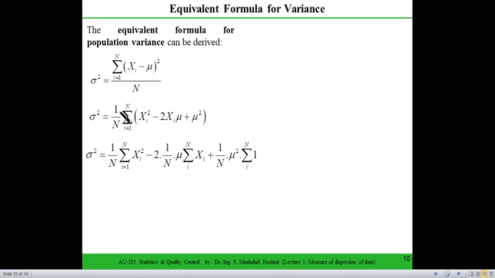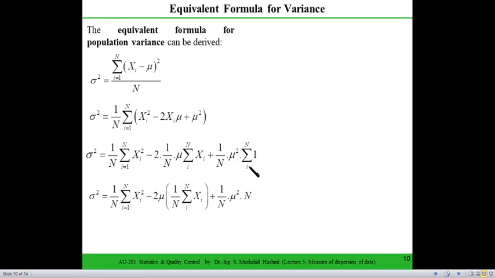But we need to calculate the sum from the first value of i equal to 1 up to capital N. Then the sum would be 1 plus 2 plus 3 up to N.